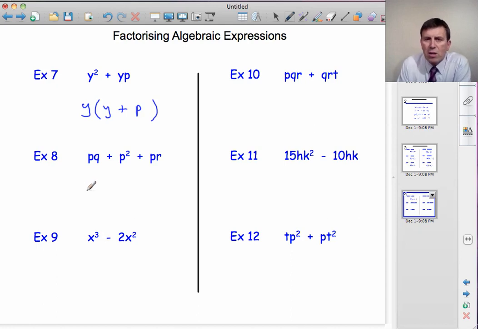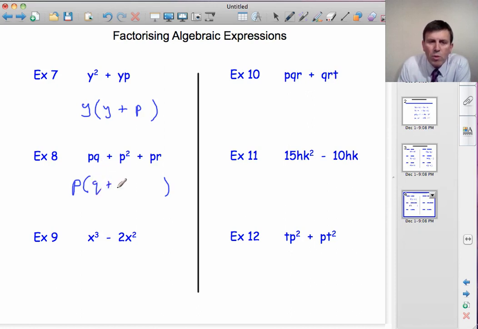Example 8 has 3 terms, but factorising is just the same. We need things that are common to all 3 terms. Well, I've got a p and a q, p and a p, p and an r. So the only thing that's common to all 3 of them is the p. Let's rebuild the expression. What do I multiply p by to get pq? q.